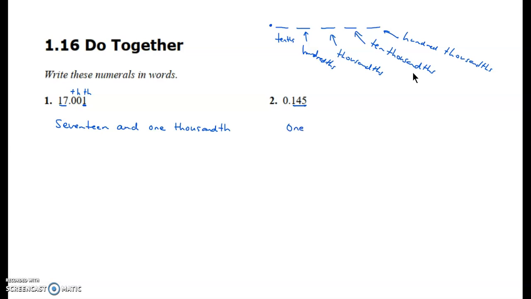So we write the number as 145, and we see where we end up. The 5 is in the thousandths place. 145 thousandths. Because of that THS, we know that this is a decimal.